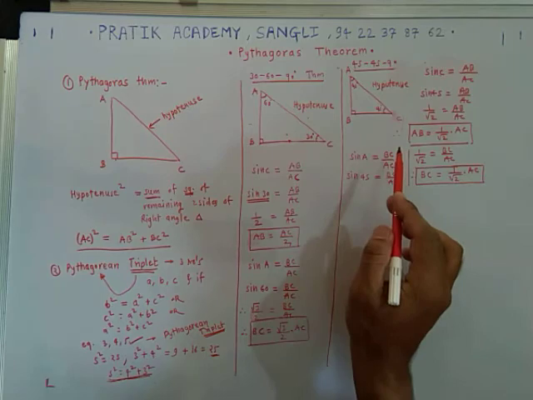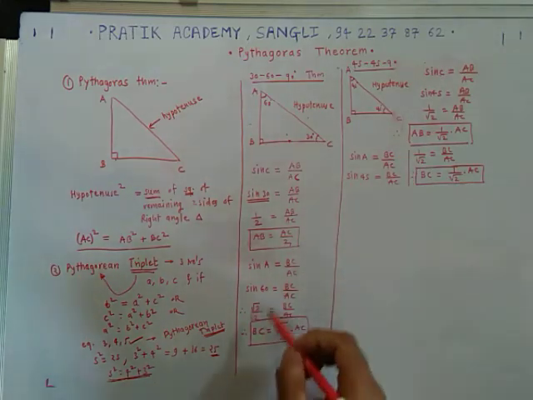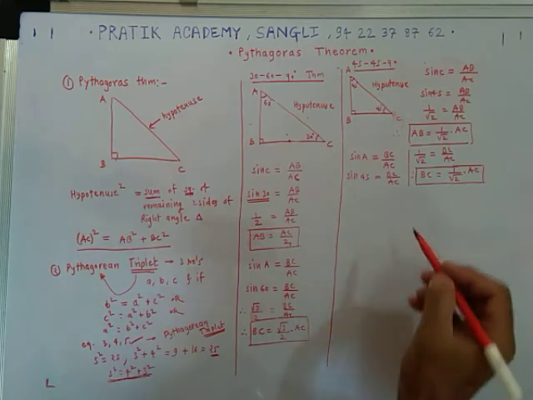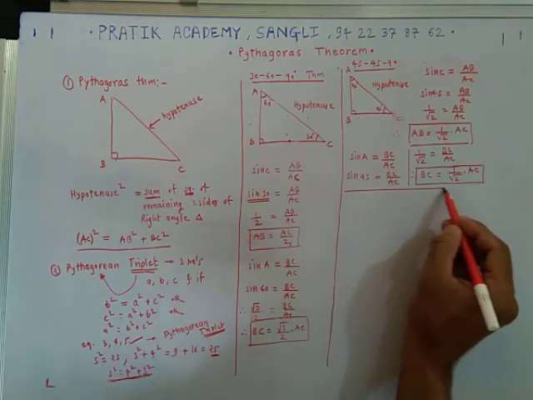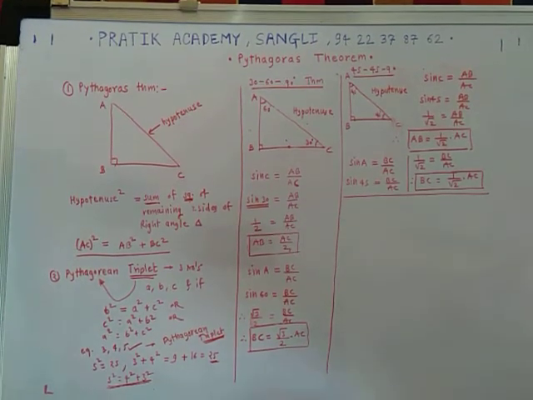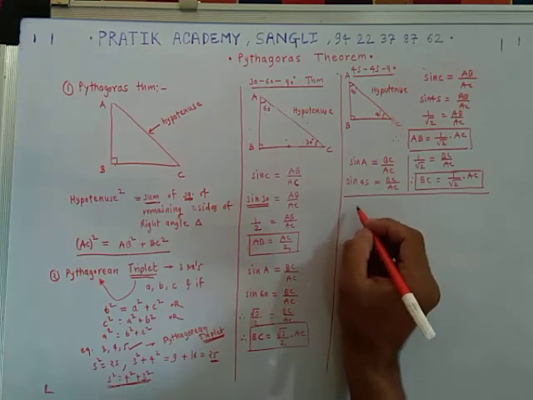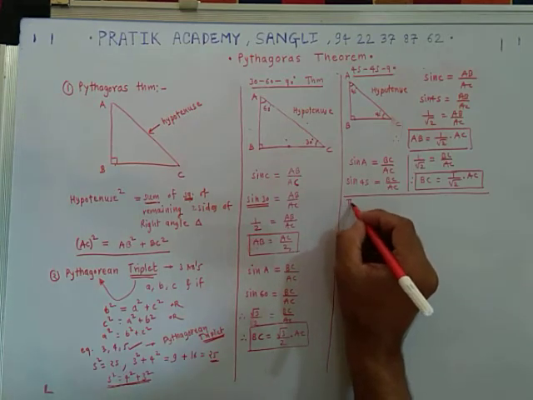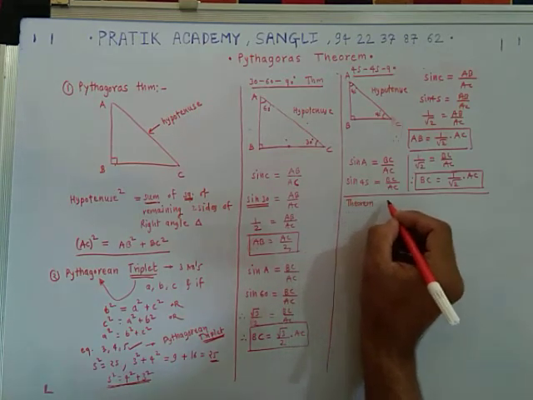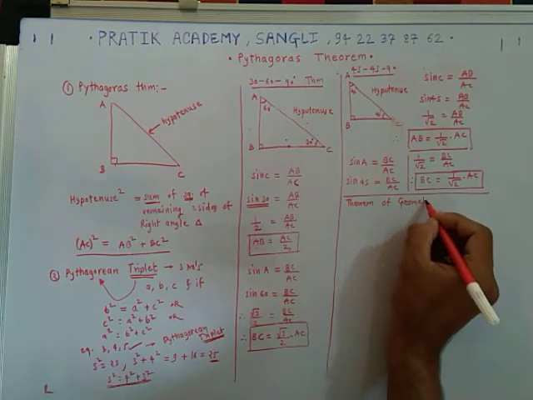So this is the 45-45-90 degree theorem, and this is the 30-60-90 degree theorem. These are the two important theorems in this chapter. And now the last one which is required in our syllabus is the theorem of geometric mean.